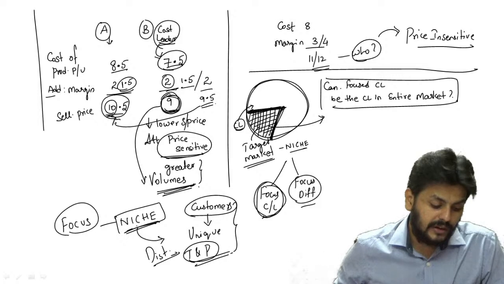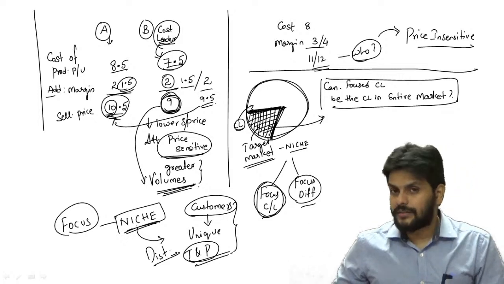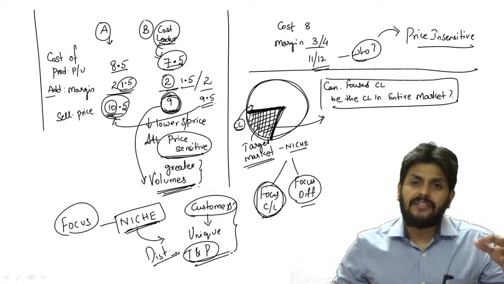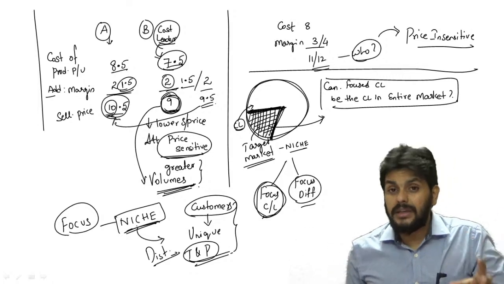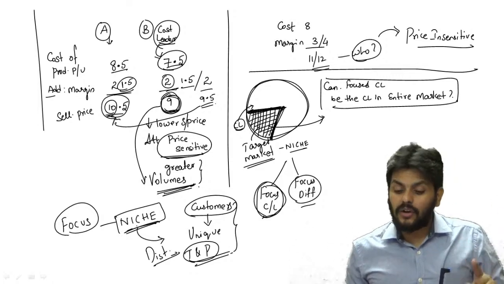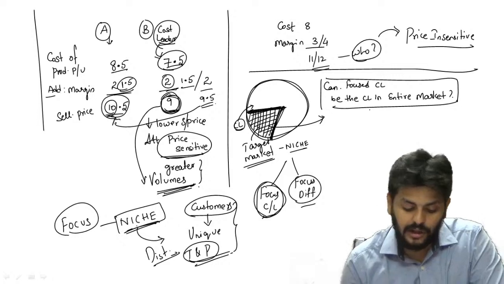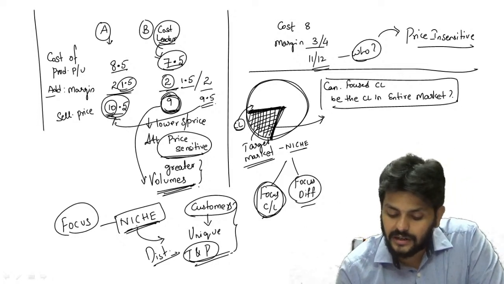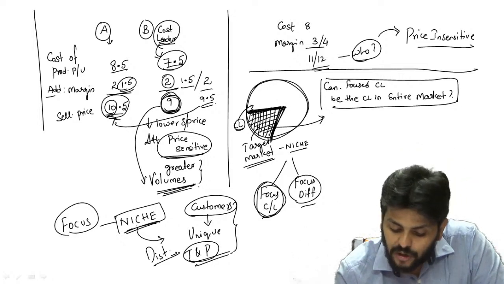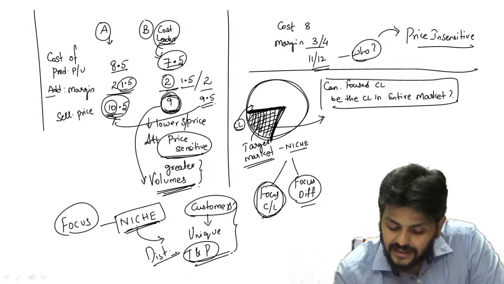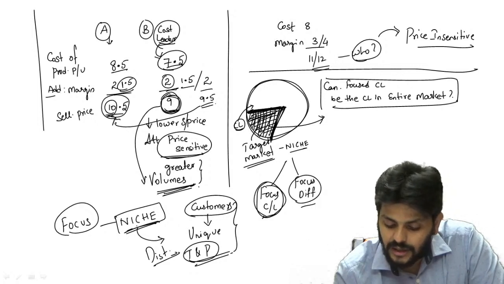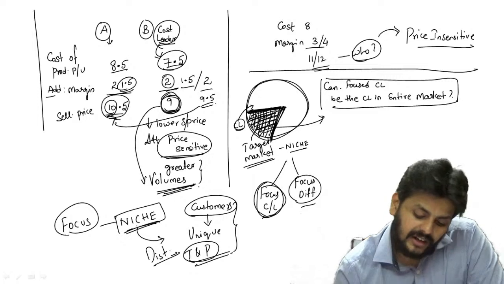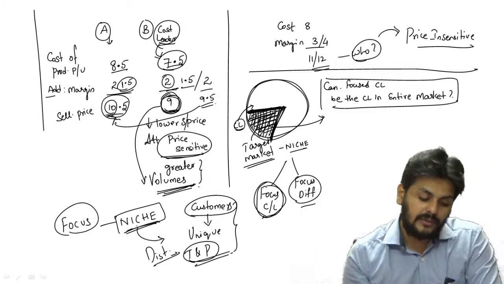All those people who said no, please understand this. He can definitely end up being the cost leader of the entire market. Guys, simple logic. If I am a cost leader inside this shaded region, that shaded region is also part of the circle only, no?